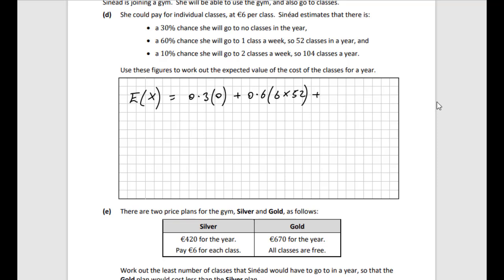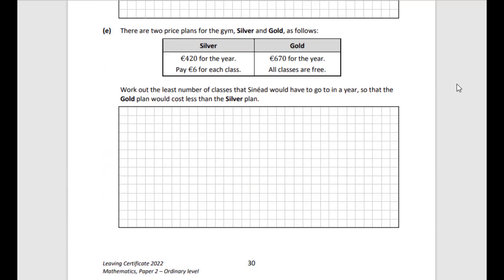And then finally, 10% chance, so that's 0.1. You've got to multiply that by €6 times 104 because she does 2 classes a week. So you've got to just do all of that then. It's just a lot of calculator work after that. And what you get is €249.60.